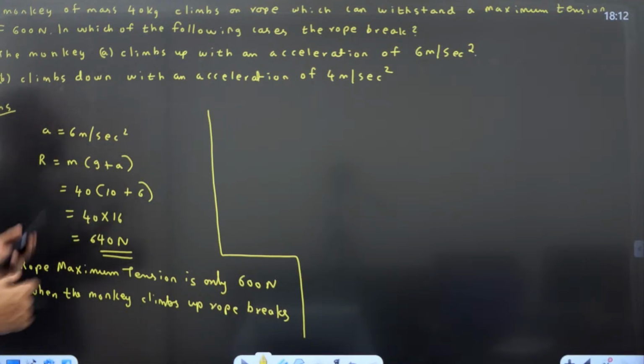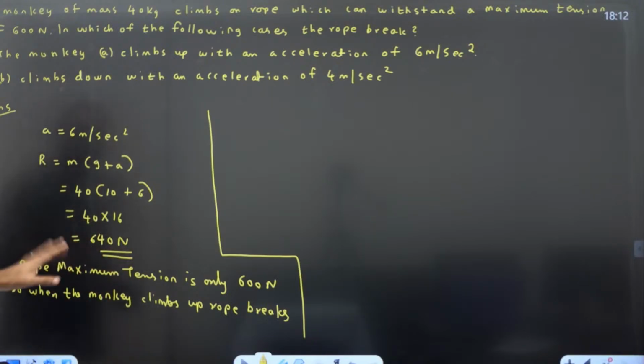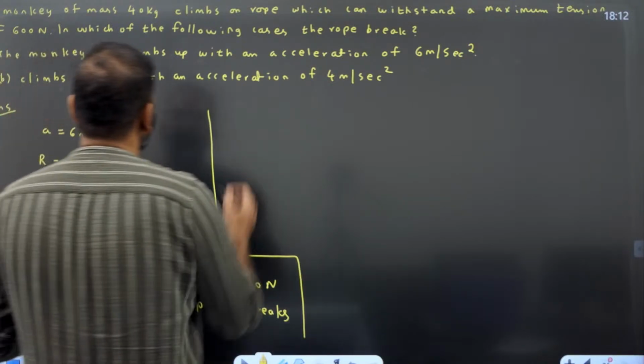So the tension in the rope is greater than 600, and the rope breaks.